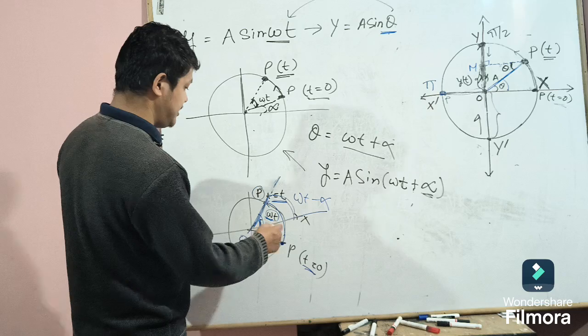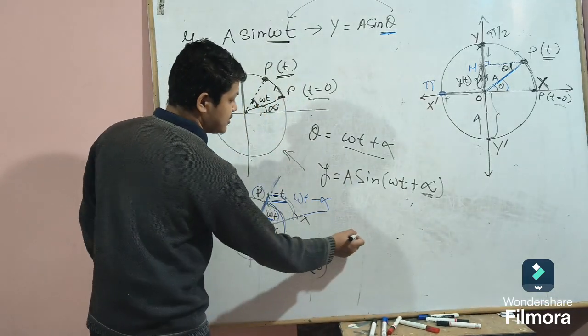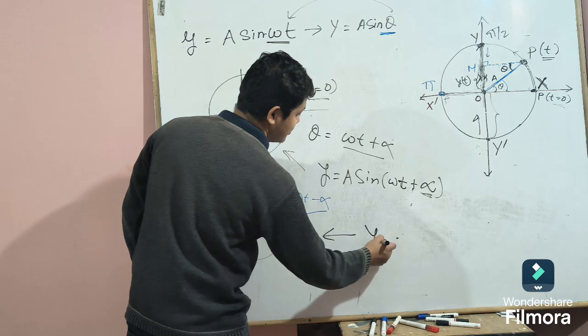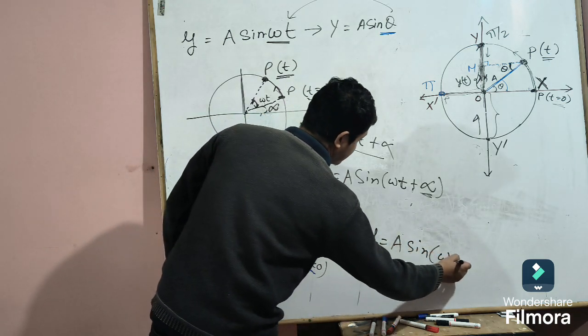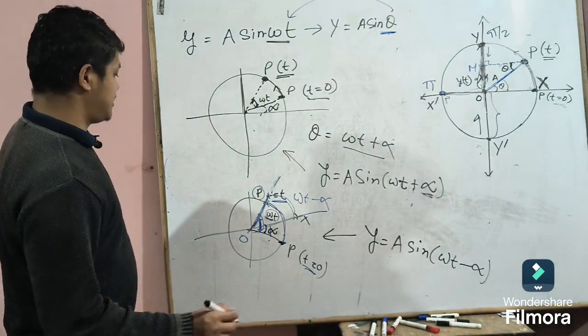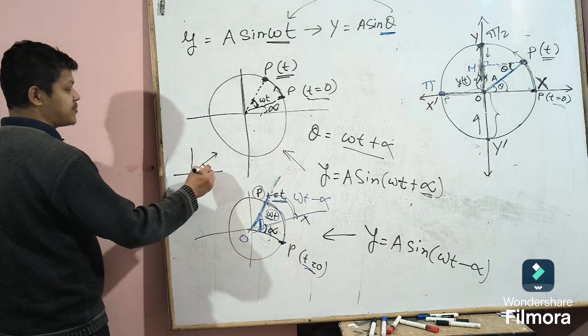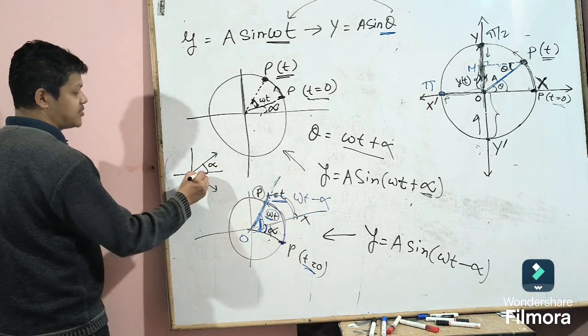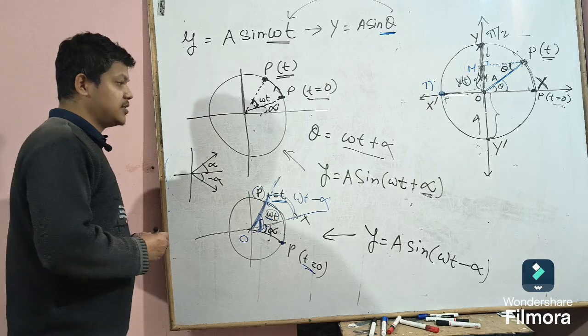So in this case the equation of y will be equal to a sine of omega t minus alpha, right? Just remember this way: if this angle is plus alpha, it should be taken as minus alpha. Hope you have understood this.